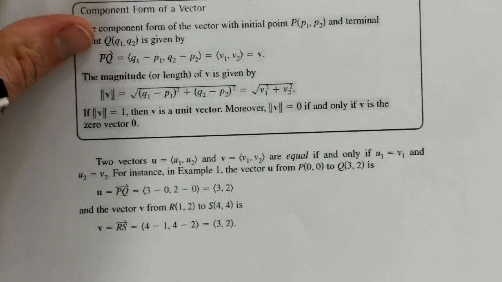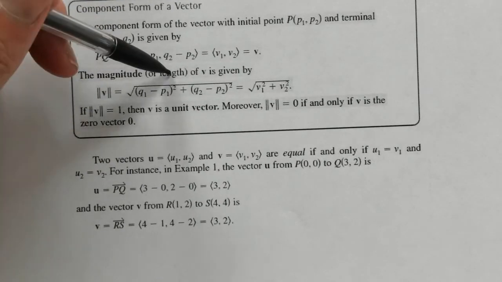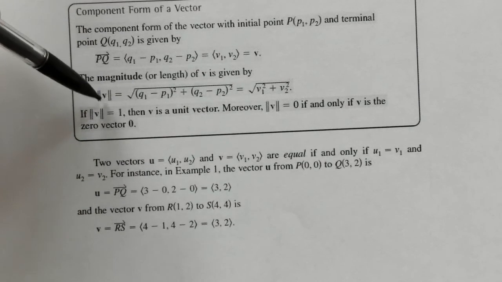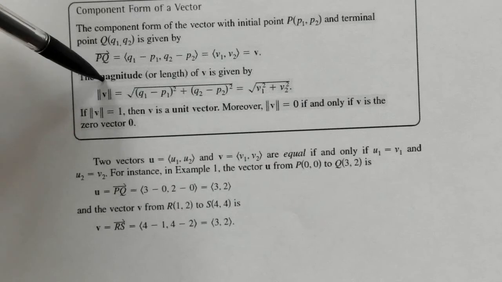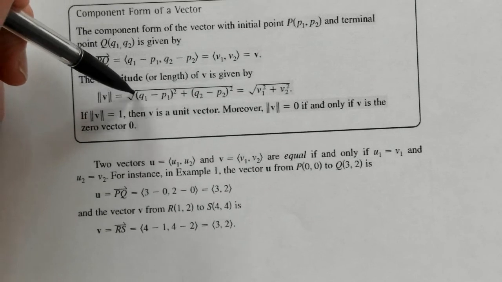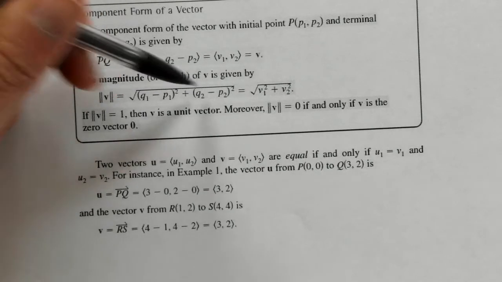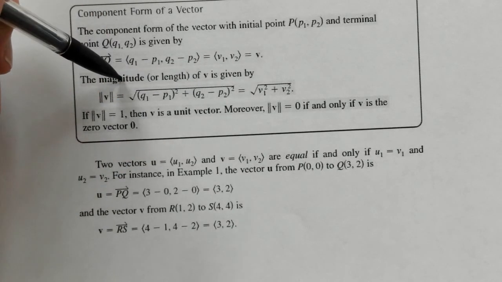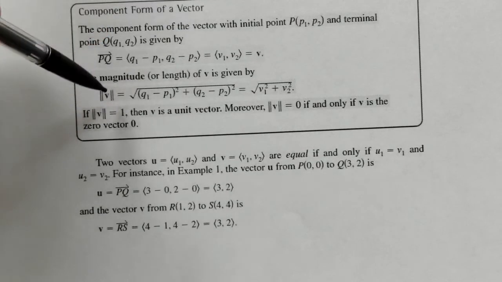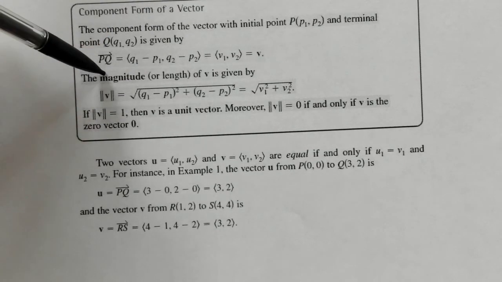Now let's talk about the magnitude. The magnitude is the length of the vector, and notice the notation. It's kind of like double vertical bars to represent the magnitude of a vector. And this part should look very familiar. This is pretty much just the distance formula. So the distance between the initial point and the terminal point, that is the length of the vector, which is the magnitude.